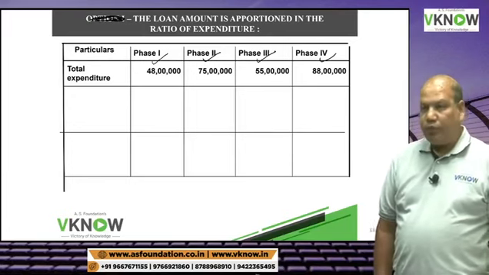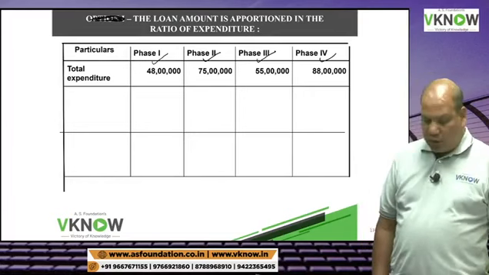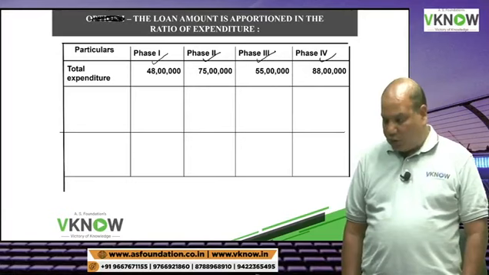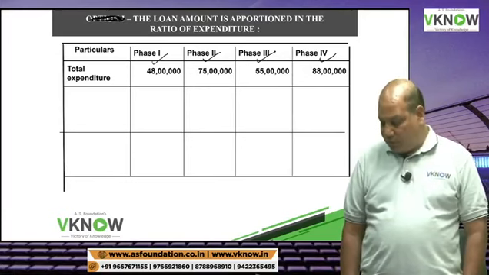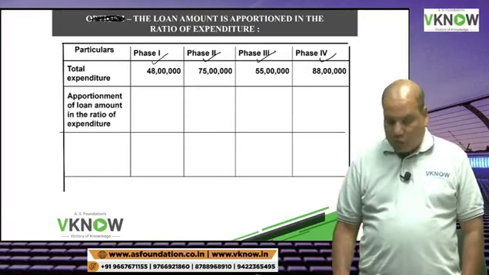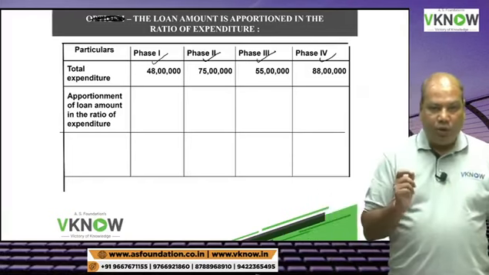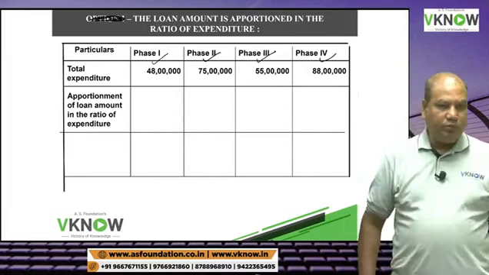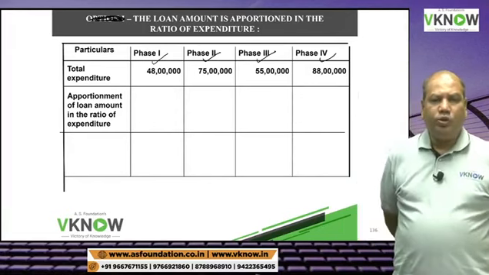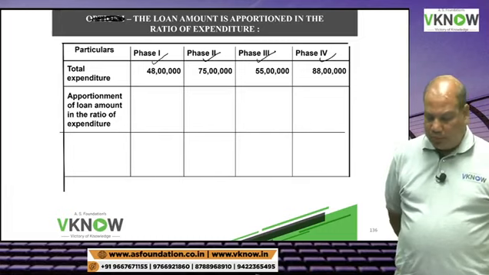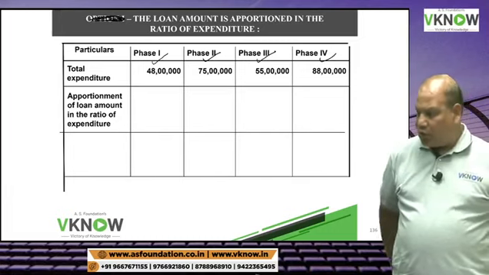Total expenditure incurred 48 lakh, 75 lakh, 55 lakh and 88 lakh, and then you will apportion the loan amount in the ratio of expenditure.